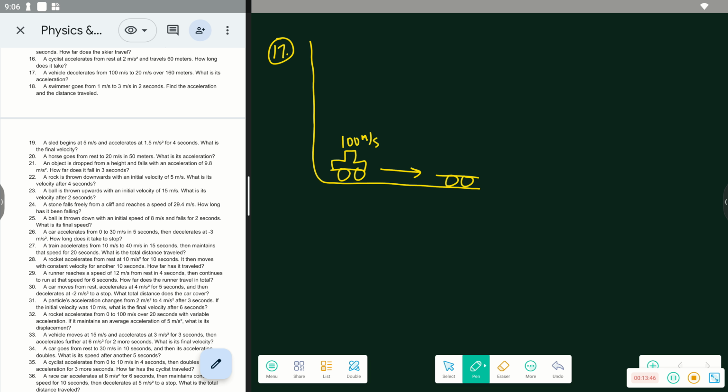It's just slowing down to 20 meters per second. Acceleration is going to be negative because it's slowing down. Your displacement is still going to be positive because it's still moving in the positive direction, and it's 160 meters. We don't have time, and we need to solve for acceleration. That's what we're solving for.